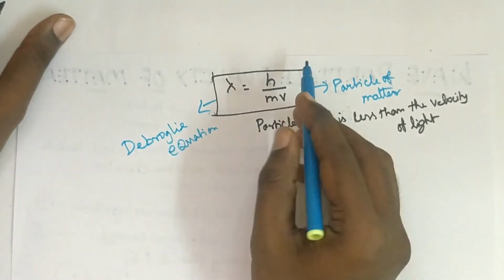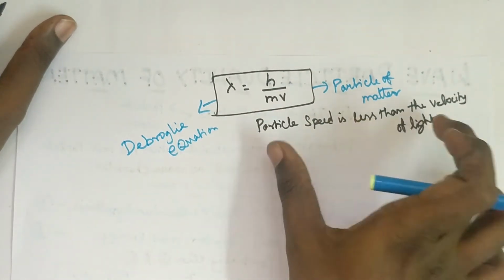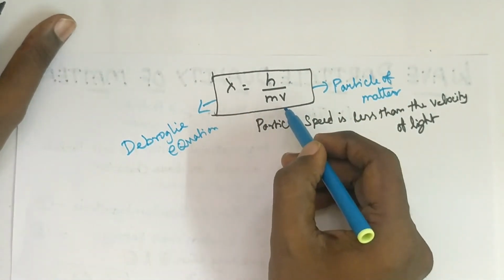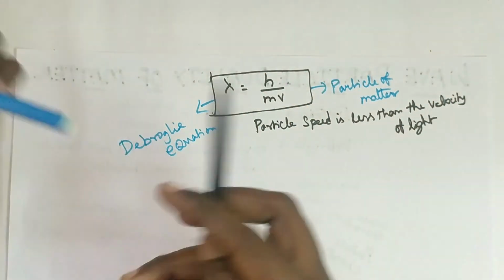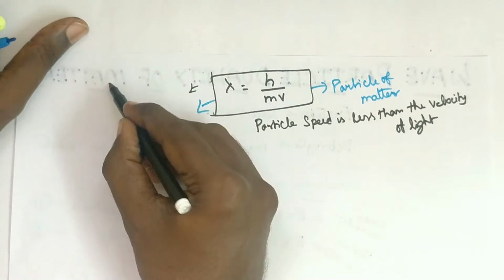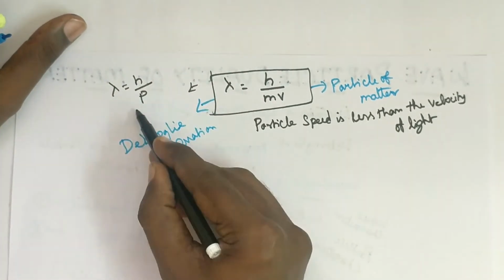Always remember, if they ask which of the following is the de Broglie relation, it is lambda is equal to h by mv. Here mv means mass into velocity, so we can rewrite the equation as lambda is equal to h by p, because mass into velocity represents momentum.